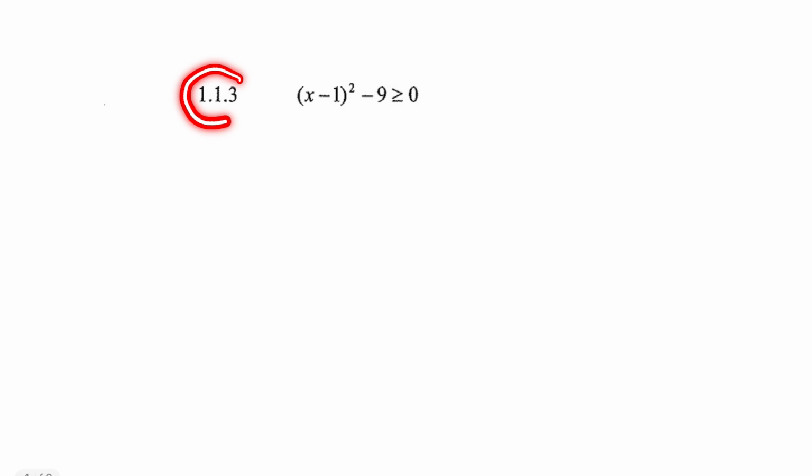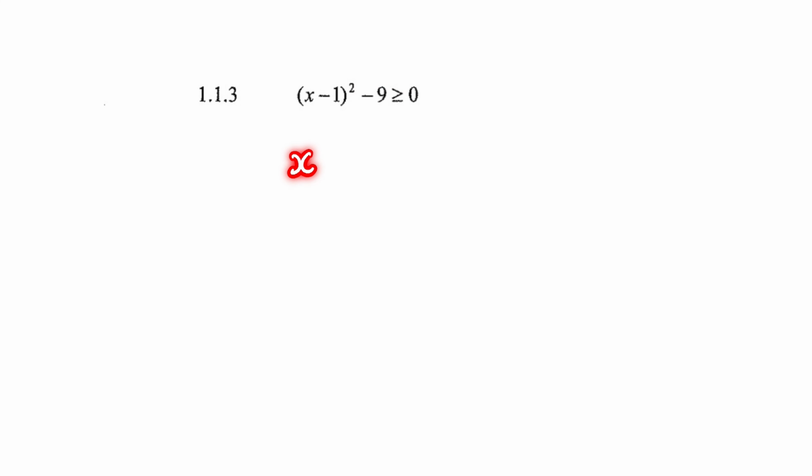Question 1.1.3. Here we have x minus 1 squared minus 9 bigger or equal to 0. Now there are two ways to solve this. The shorter way would be to identify that this first bracket is a square and that 9 is a square number as well.